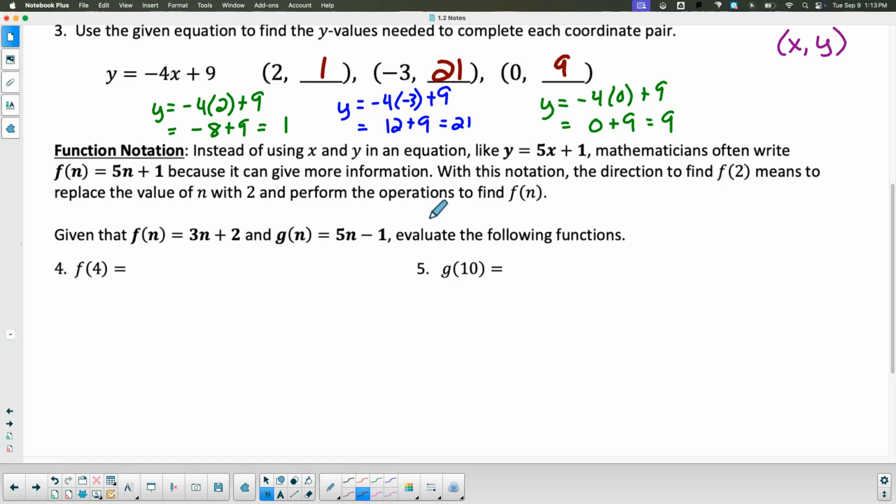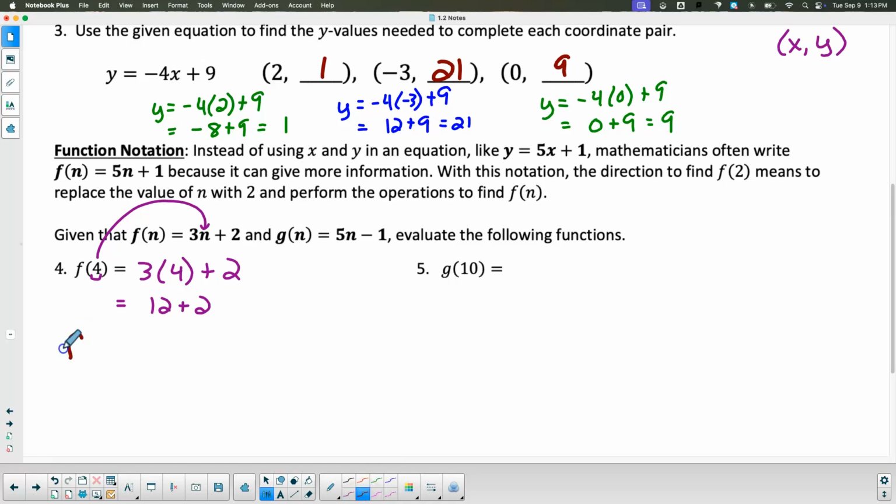Or in this case, it says f of 4. So I'm going to take 4 and I'm going to replace it anywhere that there's an n in my f equation, and only my f equation. Okay? So this would be then 3 times 4 plus 2. 3 times 4 is 12, plus 2 is 14.